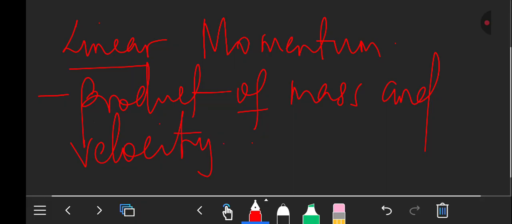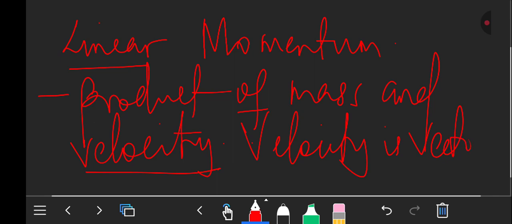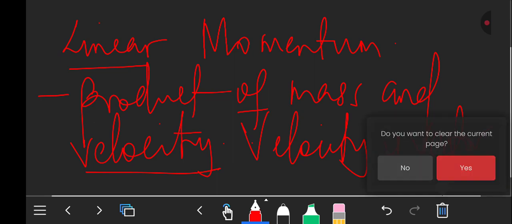We are talking about velocity here. Velocity is a vector quantity. Same applies to linear momentum. Linear momentum also is a vector.